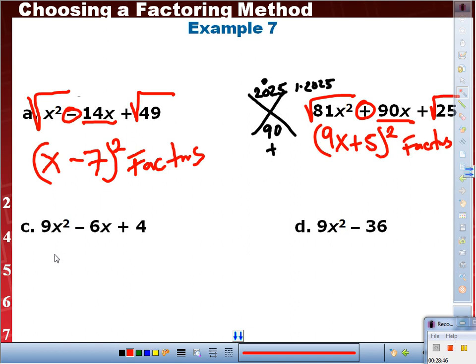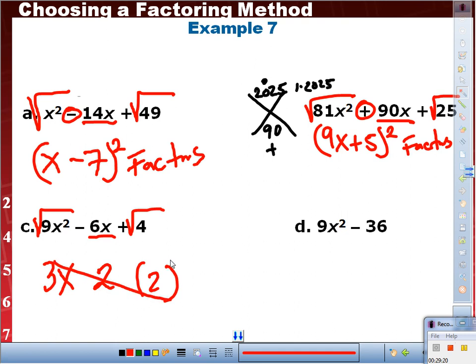Number 7C. Square root of the first, 3x. Square root of the last, 2. What is 3x times 2? 6 times 2? Is that this? So it doesn't work.